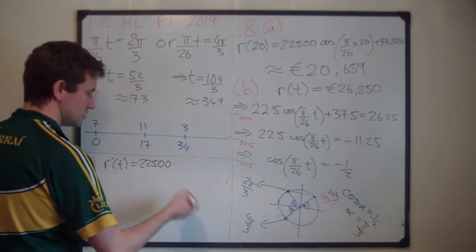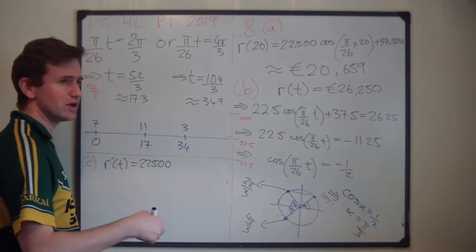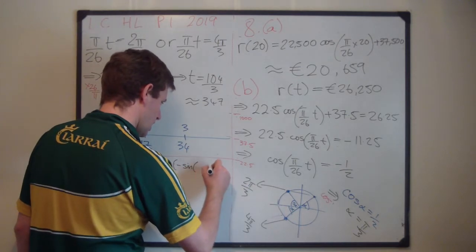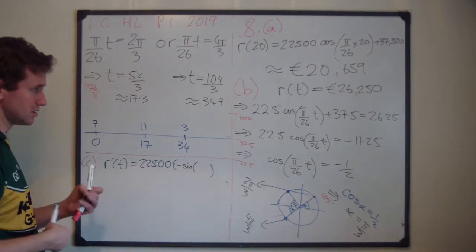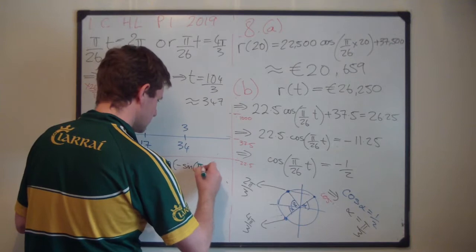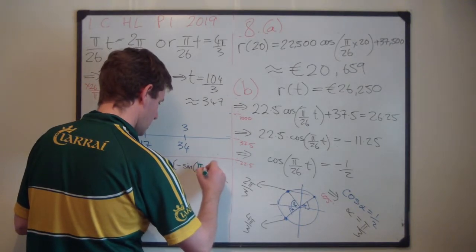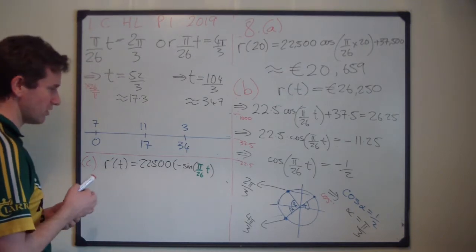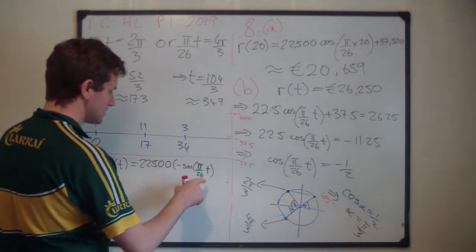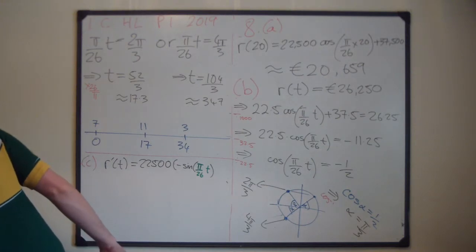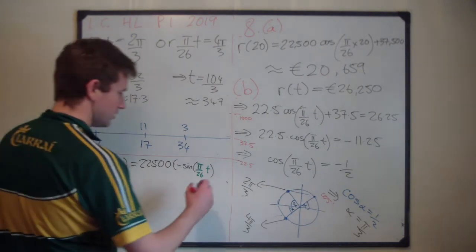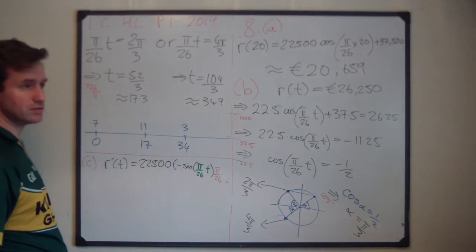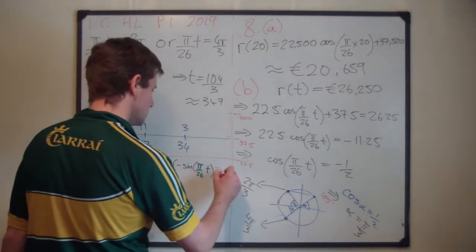So you get minus sine, evaluate it at the inside, which is pi over 26 t, and then you multiply by the derivative of what's inside. And to differentiate pi over 26 t, I would fix the constant pi over 26 and multiply by the derivative of t, and the derivative of t with respect to t is 1.